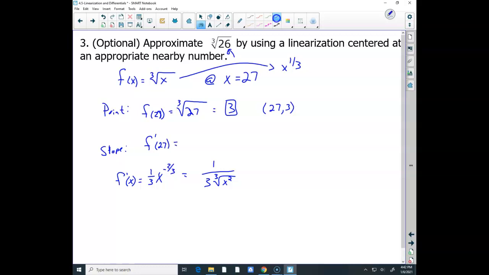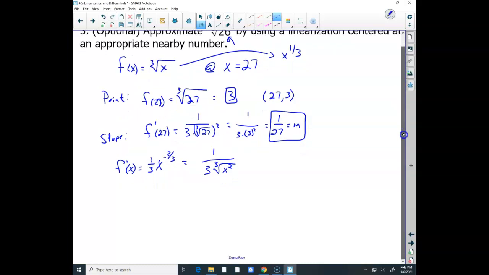That's 1/3 times the cubed root of 27, and remember we throw the squared outside. The cubed root of 27 is 3, and I have to square it, so that's 9 times 3. That should give me a slope of 1/27. That's my slope. So if I had to approximate this, I would find my tangent line equation quickly.